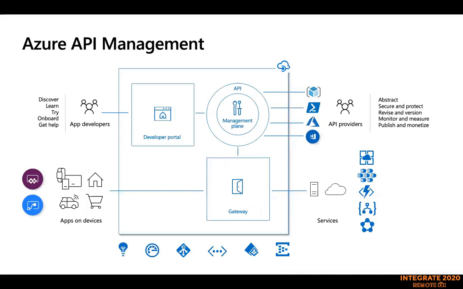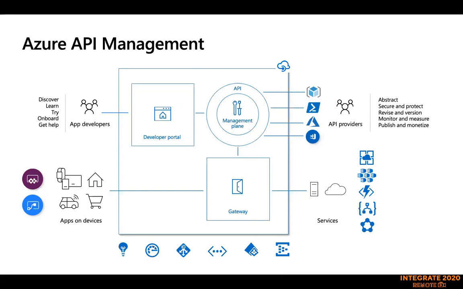So, API management. API management is used by API providers to expose the APIs to developers. They use API management to abstract, secure, protect, revise, and version, manage lifecycle, monitor, measure, and publish the APIs. And then have developers consume those APIs, discover them, learn how to use them, and onboard to use them.